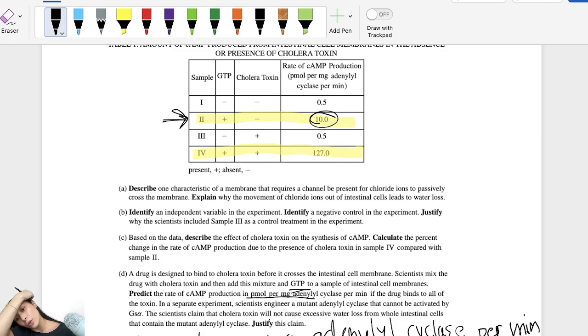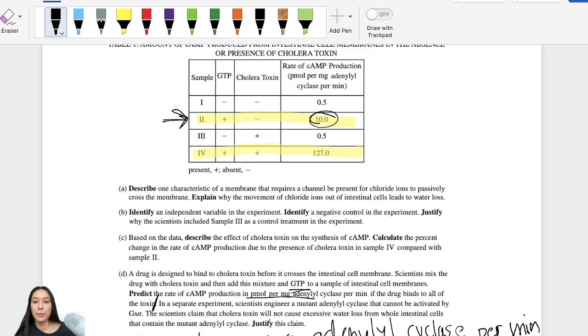Okay, so the last part says, predict the rate of cyclic AMP production. Oops, no, I already did this. Okay. It says, in a separate experiment, scientists engineer a mutant adenylyl cyclase that cannot be activated by GS-alpha. The scientists claim that cholera toxin will not cause excessive water loss from the whole intestinal cells that contain mutant adenylyl cyclase.